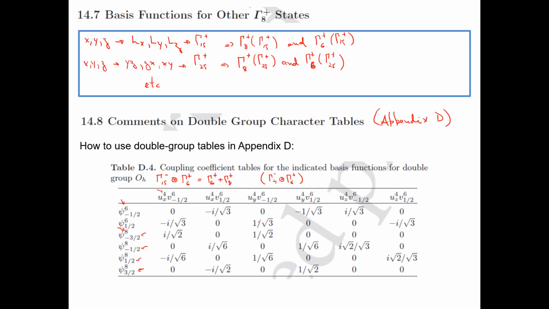If you see these numbers, they are precisely, up to a factor of i, a convention, the Clebsch-Gordan coefficients that we have discussed in the previous slide. So these tables of double groups correspond sometimes to Clebsch-Gordan coefficients. Okay. Alright, so there are several of those tables in Appendix D that may be useful to you.